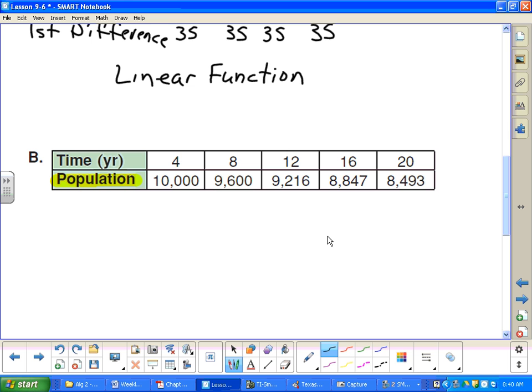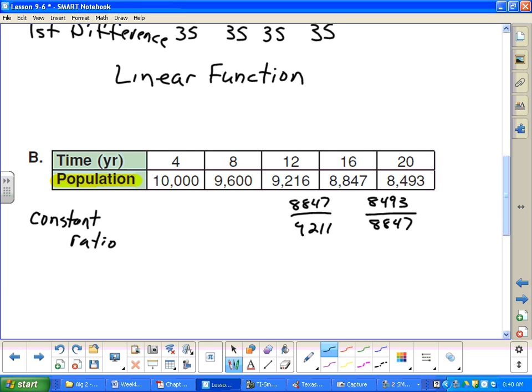Then I'm going to look at the y values and see if they have a constant ratio. So now I'm going to divide them: 8493 divided by 8847, and 8847 divided by 9216, and 9216 divided by 9600.